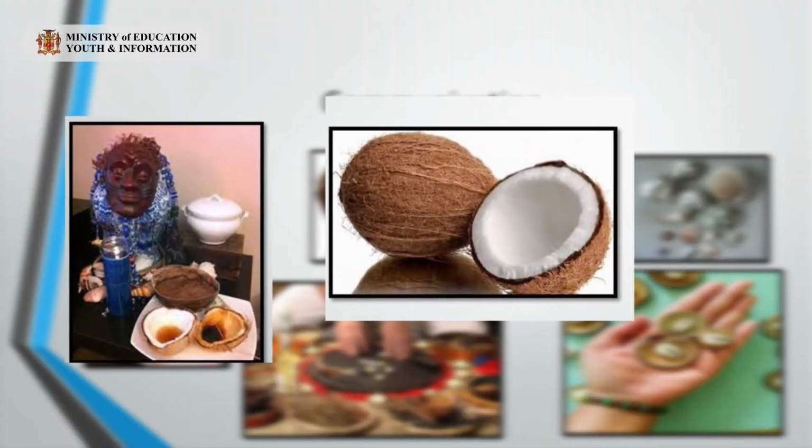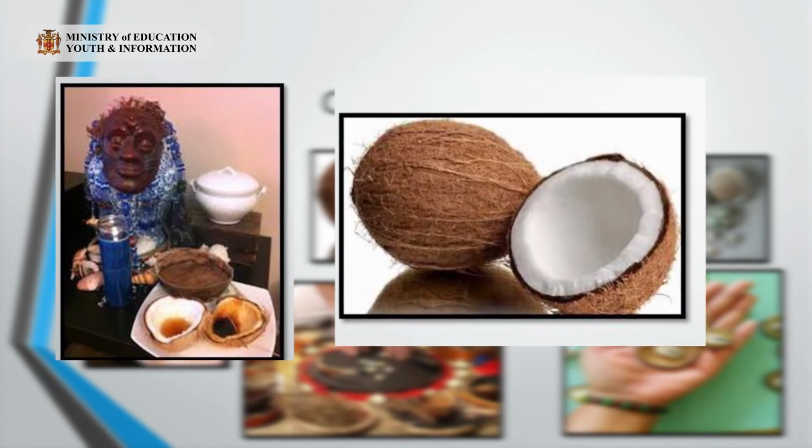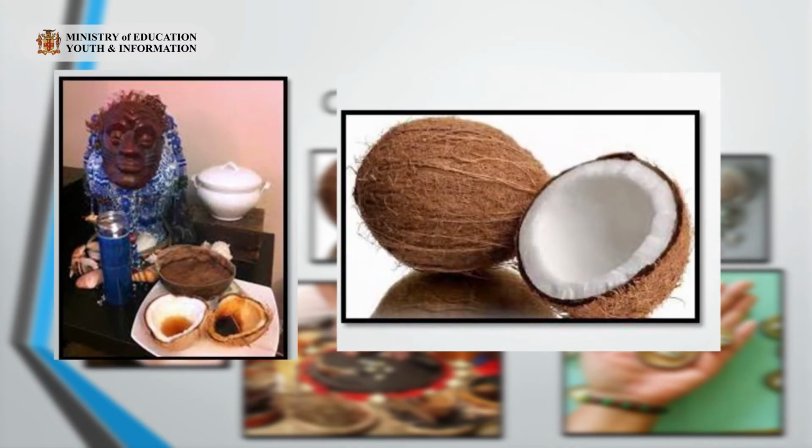This practice uses another natural item from the soil. It is consecrated, and it is also referred to as palm nuts. When they break it and it falls to the ground, the pieces as they scatter are used to reveal the Orisha's response to the seeker's question. Isn't that interesting?